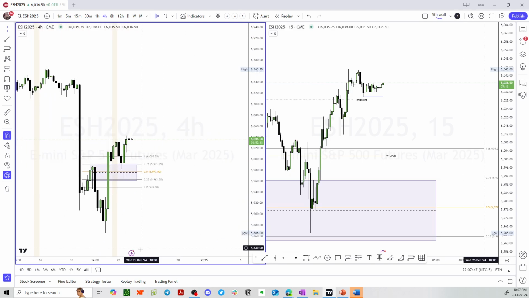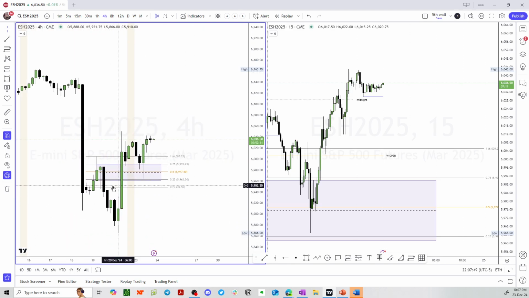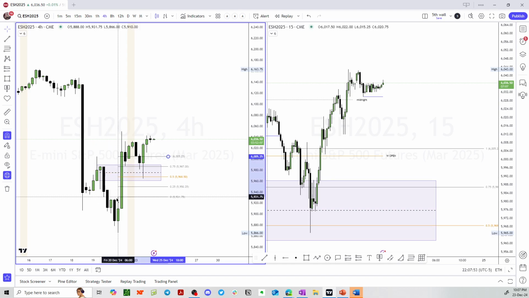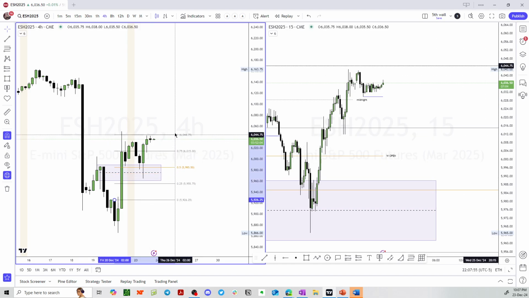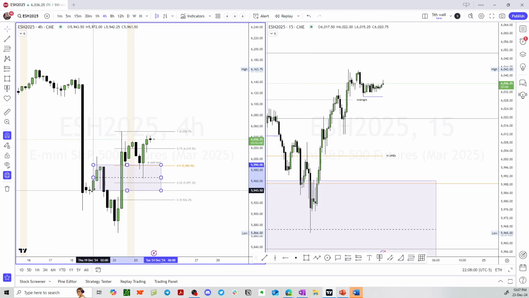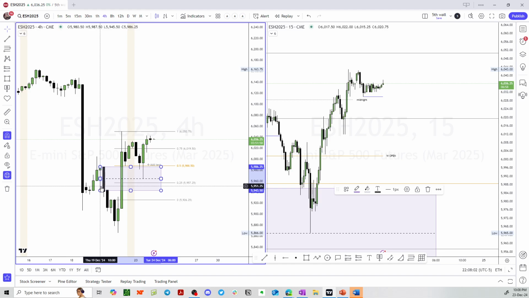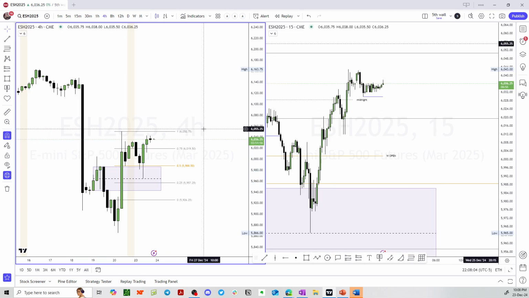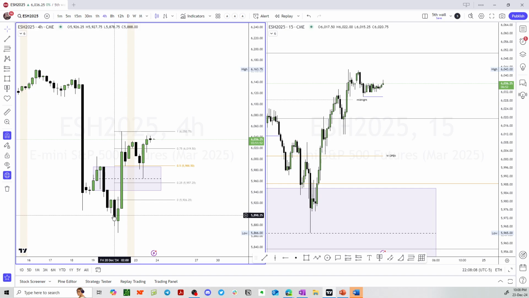This is what, right? So we have this 4 hour breaker, and then we have optimal trade entry utilizing this order block.